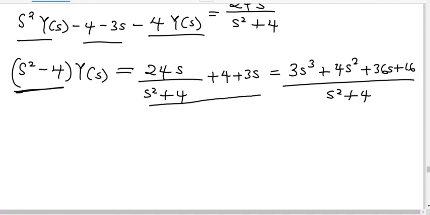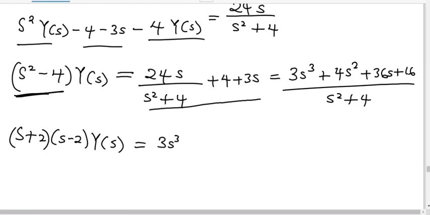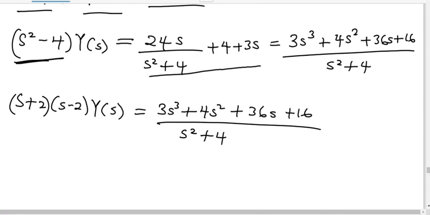And this we know is s plus 2 times s minus 2 times Y of s, equal to 3s cubed plus 4s squared plus 36s plus 16 all over s squared plus 4. If you divide both sides by the characteristic equation, we're going to have our Y.